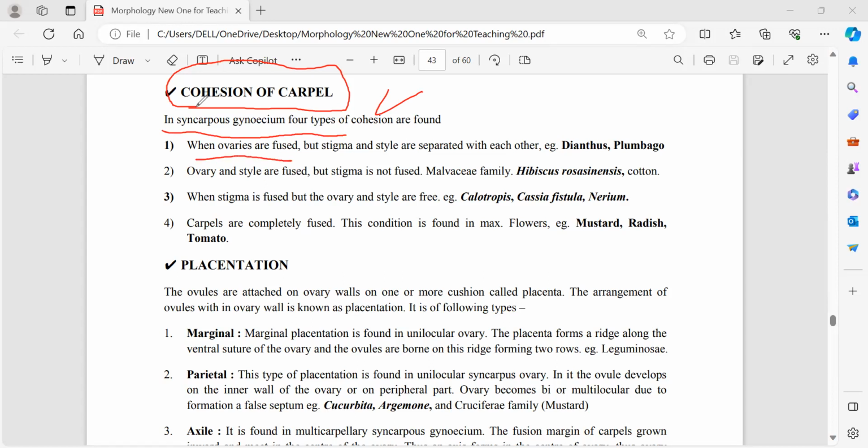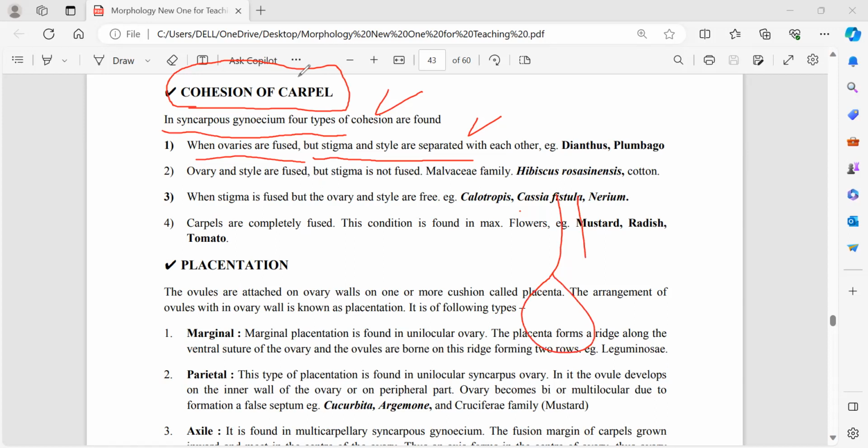When ovaries are fused, but stigma and style are free, separated from each other, this can be one fusion. नीचे, for example, we have two carpels. समझ आया? Two carpels, and the two carpels में नीचे जो ओवरी है they are fused.